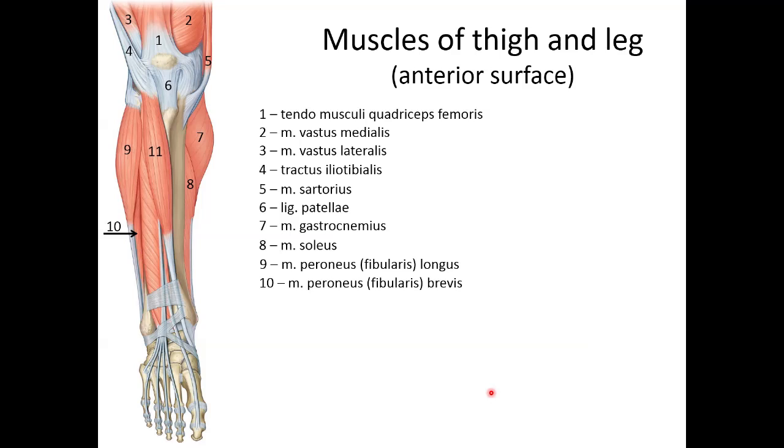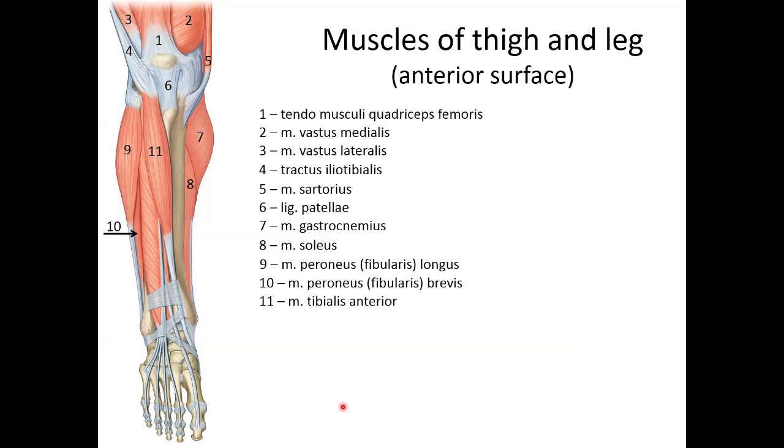Now, there are three muscles which we have not learned before. Here they are. These are three muscles of the anterior group. Number 11, what is it?